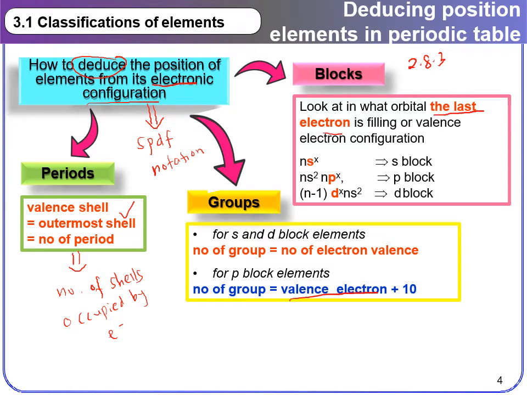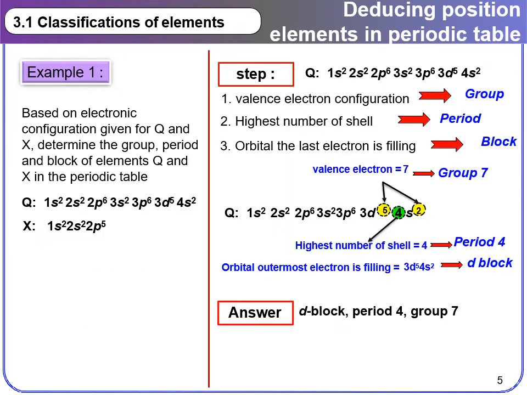Okay, let's look at the steps given here. Look at example 1. We are given the electron configuration for elements Q and X. The question asks us to identify the group, period, and block of the element.